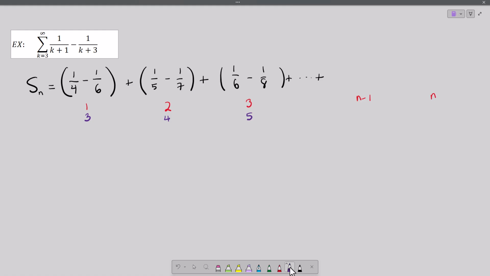How do we get to the term value from k? If we're starting with the k value, we subtract 2 to get to this, or we add 2 to get to that. Either way. So we add 2 to this, and we get n plus 1. Add 2 to this, and we get n plus 2. And so those are the k values. These are the n values.